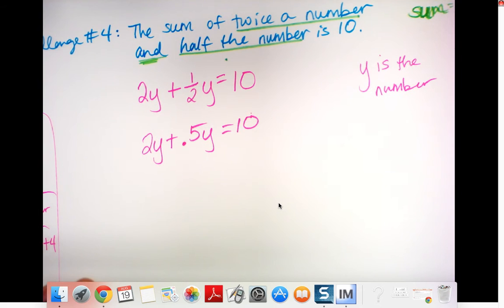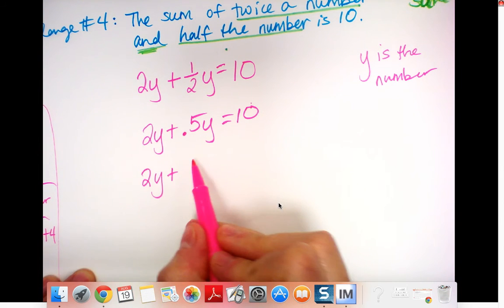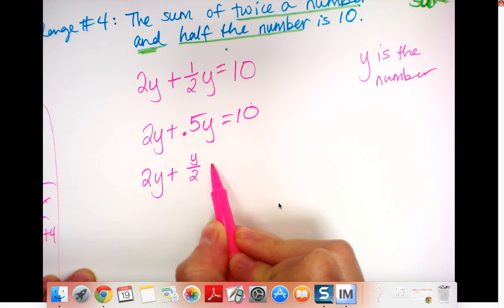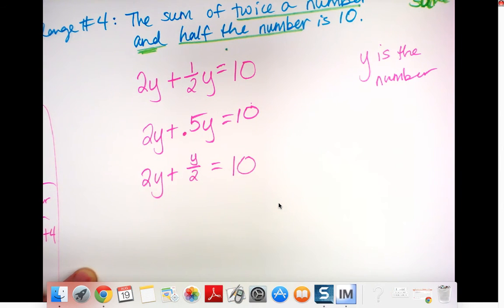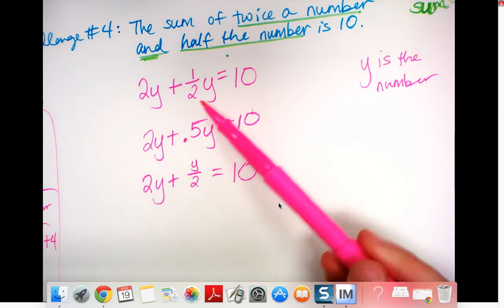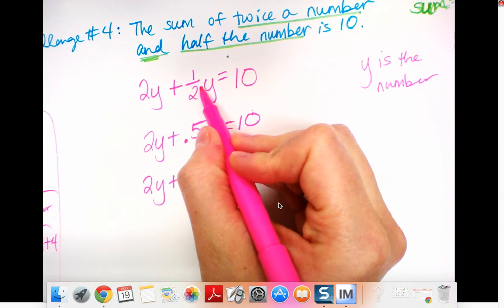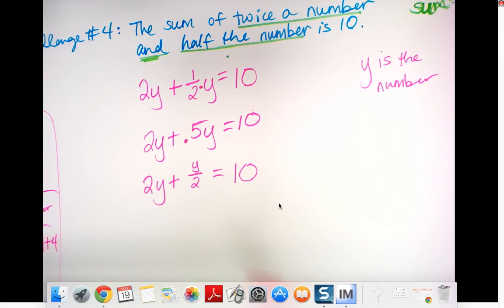Then there is another way. So dividing something by 2 is the exact same thing as multiplying it by 1/2. This is multiplication here, and this is division. So they mean the exact same thing.